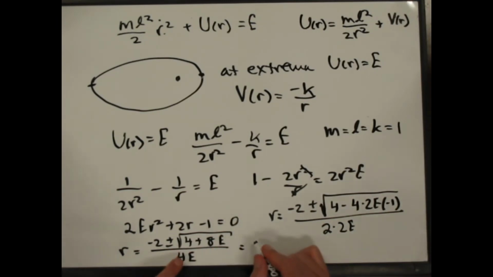And this will be minus 1 plus or minus the square root of 1 plus 2e, over 2e. You can check my math on that. And so these are the limits on r. I'll evaluate a couple of those and put up a graph of them on the next screen.